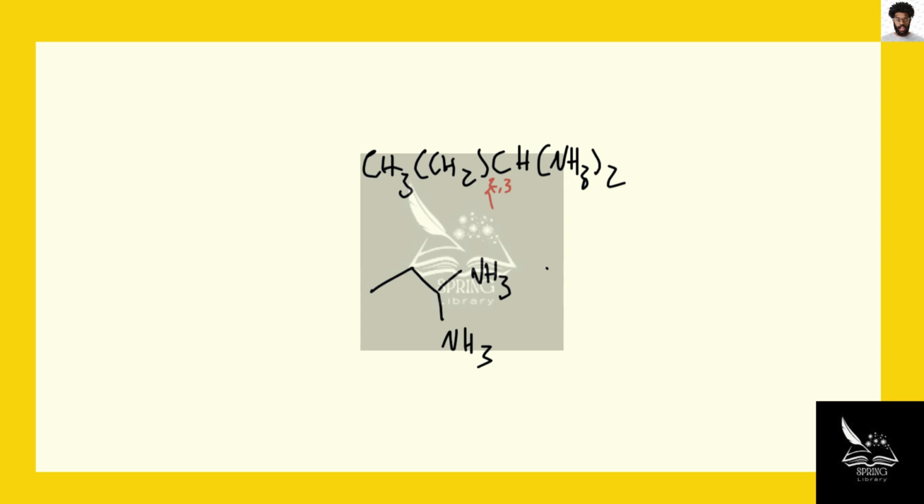If I put a 3 down here, that would be like I have my CH3, and then I have one CH2, another CH2, another CH2, then my CH with my two NH3s.